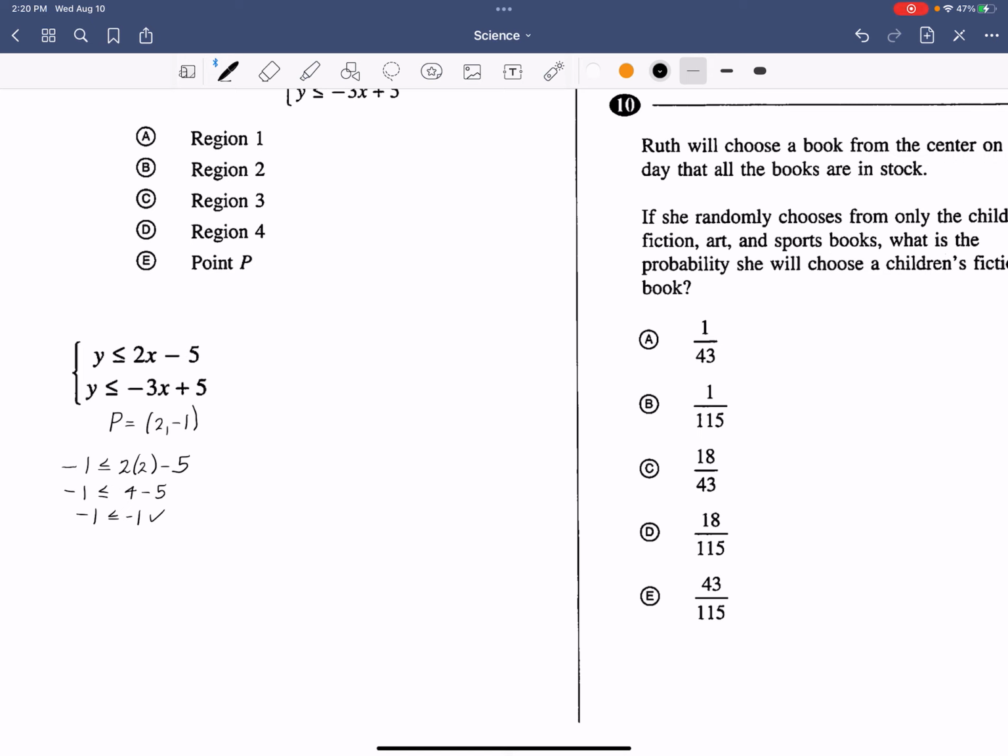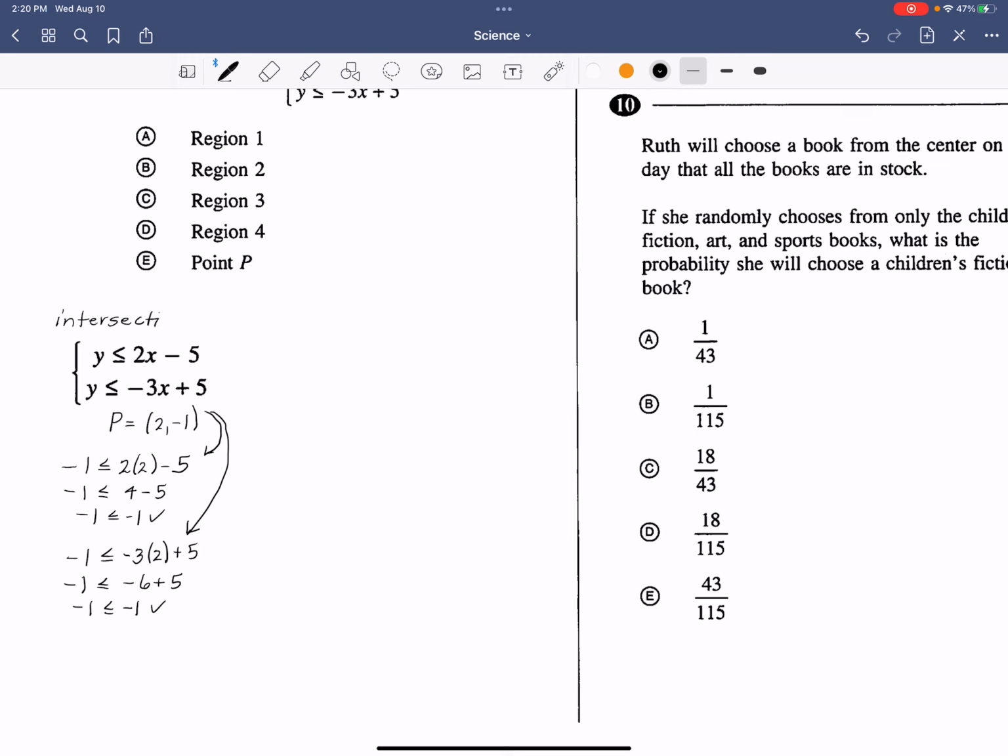Okay, so then the other one I have -1 is less than or equal to -3 times 2 plus 5. So I'm just substituting the value of P into both of these inequalities. So I have -1 less than or equal to -6 plus 5, and -1 less than or equal to -1. That proves to be true. Again, I would expect that to be true because it's the intersection.